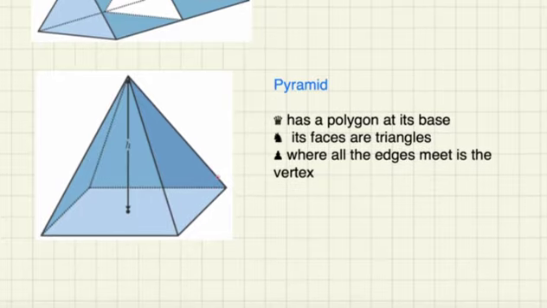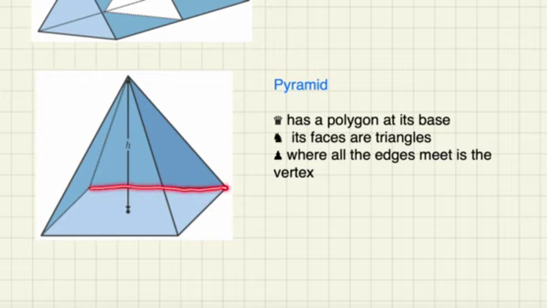A very common shape, mainly because of the pyramids and things like that in Egypt, is this. So it's a pyramid. And if we look at the base, so this would be the base of it. It has a polygon at its base, and a polygon, if you remember, is any shape that has more than three sides.